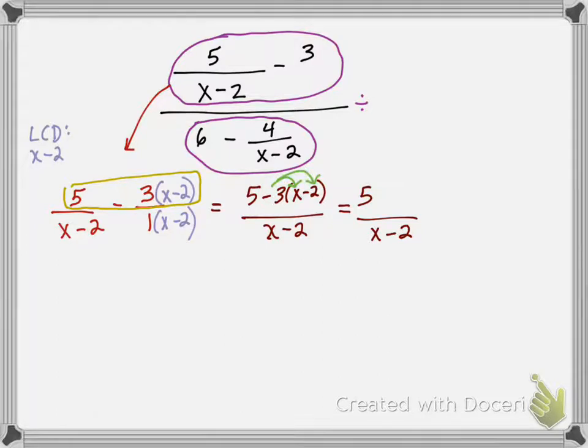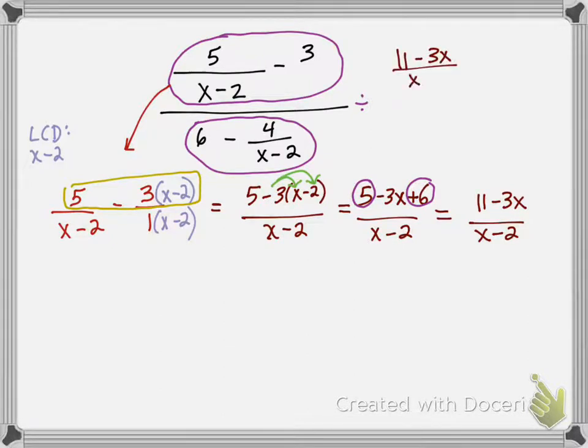So negative 3 times x is negative 3x, and negative 3 times negative 2 is positive 6. So finally, when I combine my like terms in the numerator, 5 plus 6 is 11, so I would have 11 minus 3x. So far in the numerator, I have 11 minus 3x all over x minus 2.